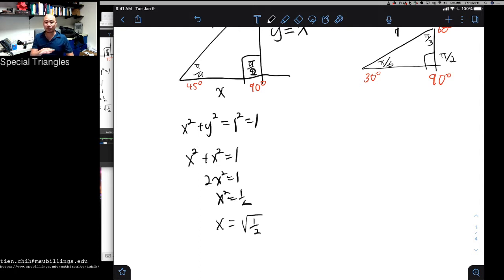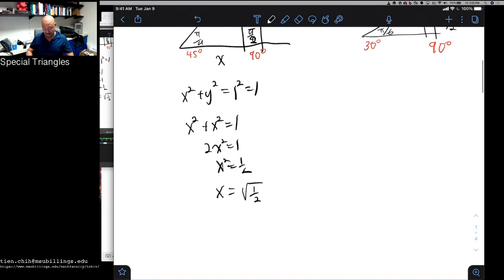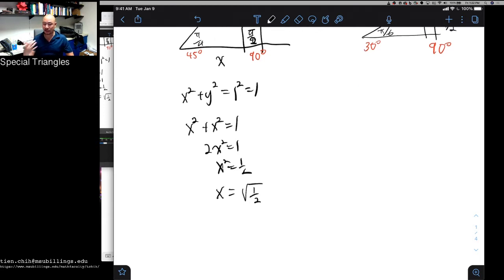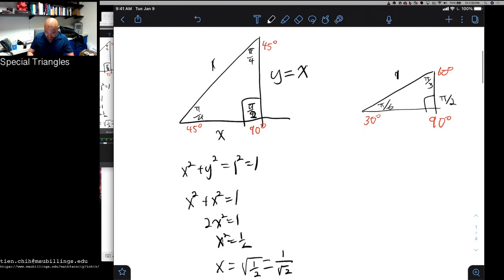There's a bunch of different ways you could write this. I'm personally not picky. You can write this as 1 over square root of 2 by just evaluating the square root through. Or if you prefer rational denominators, you can multiply the top and bottom by the square root of 2 to get square root of 2 over 2. Either way, I don't care.